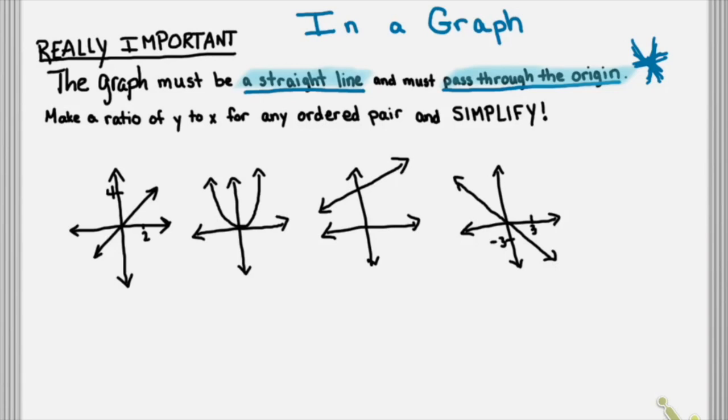First, let's look at each one and see if it's actually proportional, and then you can make your ordered pair for those that are. We look at the first one. It passes through the origin and it is a straight line, so we know that one is proportional. The second one passes through the origin, but it's not a straight line, so it's not proportional.